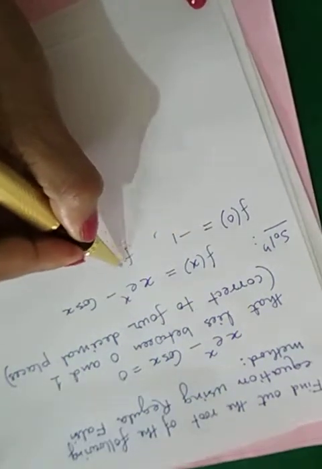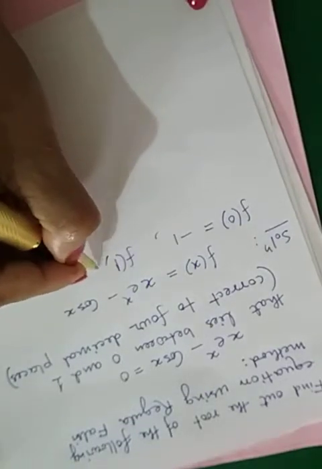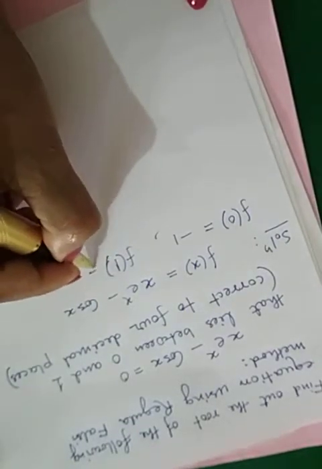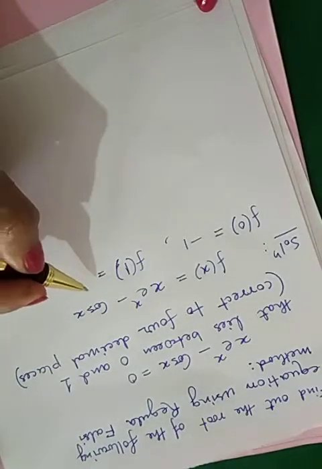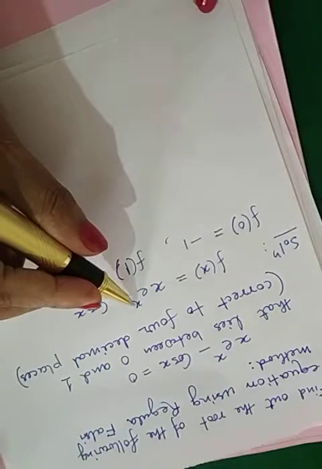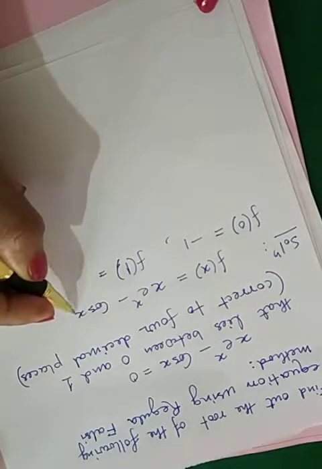And the functional value at x equals 1 is 1 e to the power 1 minus cos 1.